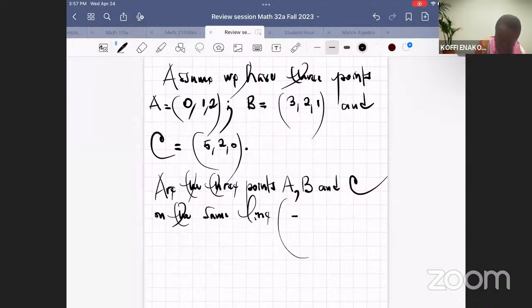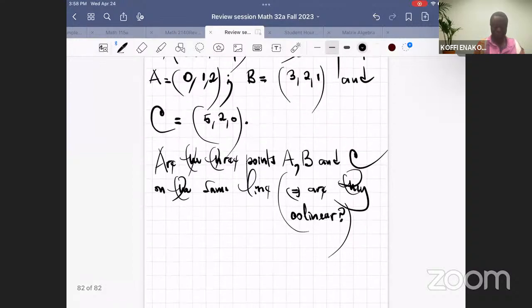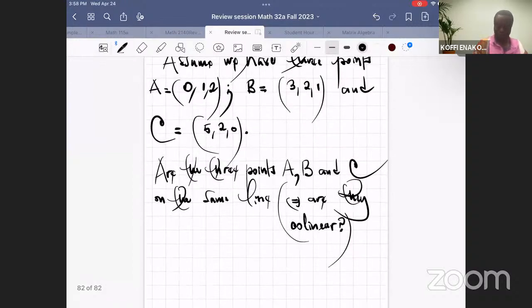Is that equivalent to saying that they are collinear? So I'm saying that the point A, with the coordinates I just gave, if they were on the same line, I have the point A here, the point B here, and the point C here.